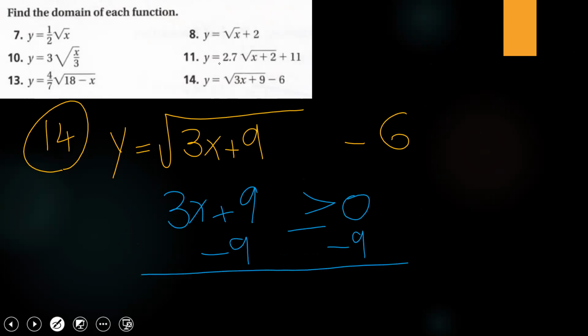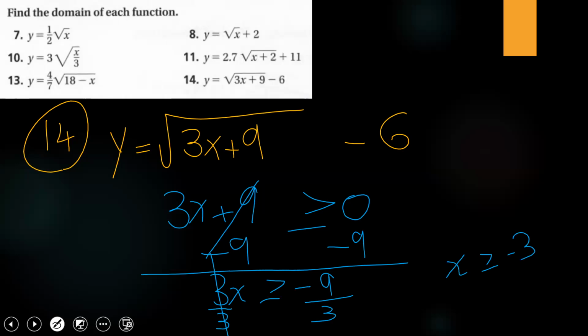And what do we have? We have 3x greater than or equal negative 9, divide by 3, over 3. I divide by a positive number, so no need to flip the sign. So x is greater than or equal negative 3.